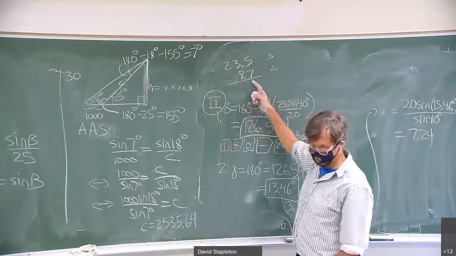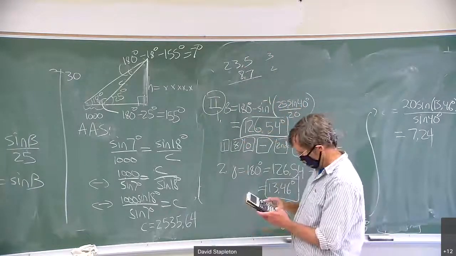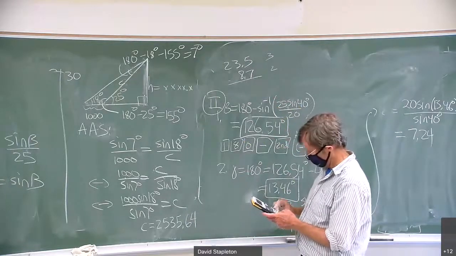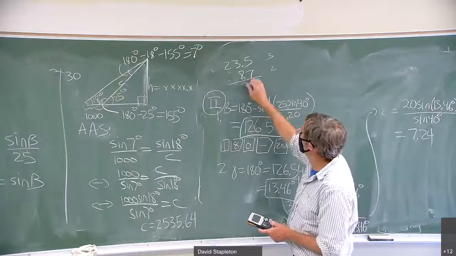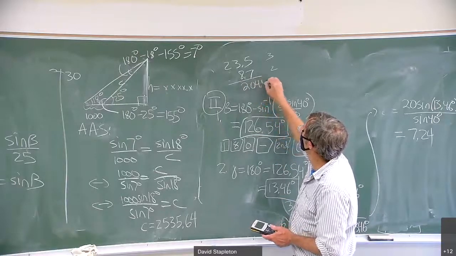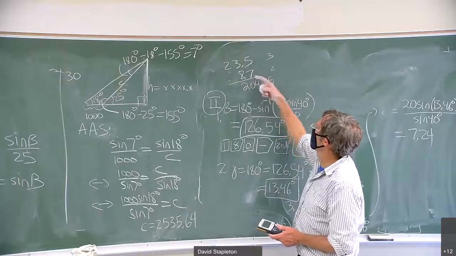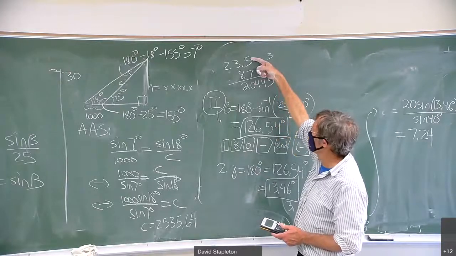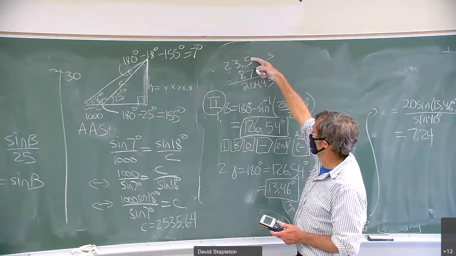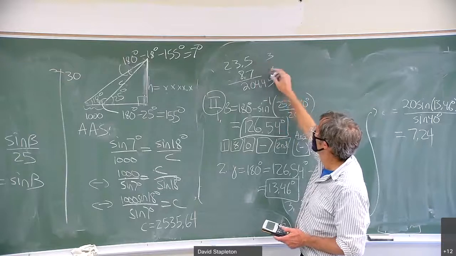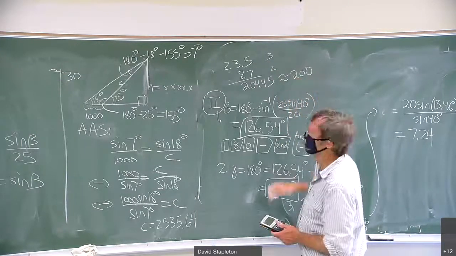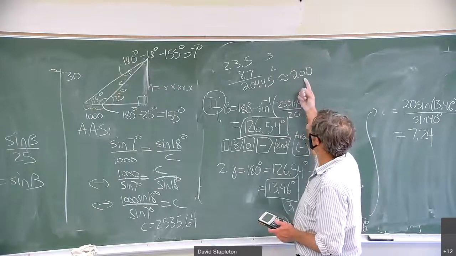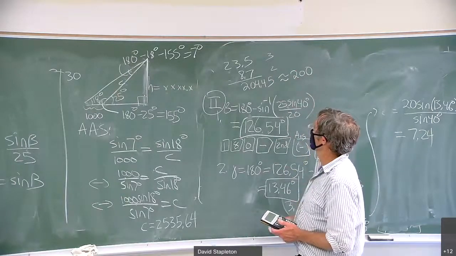When you multiply these numbers, maybe I should do it. 23.5 times 8.7. You get 204.45. Great. This is garbage. If these are rounded numbers, the most digits you can expect to be significant are 2. So you normally round this and say this is approximately 200. The digits after that are not significant.